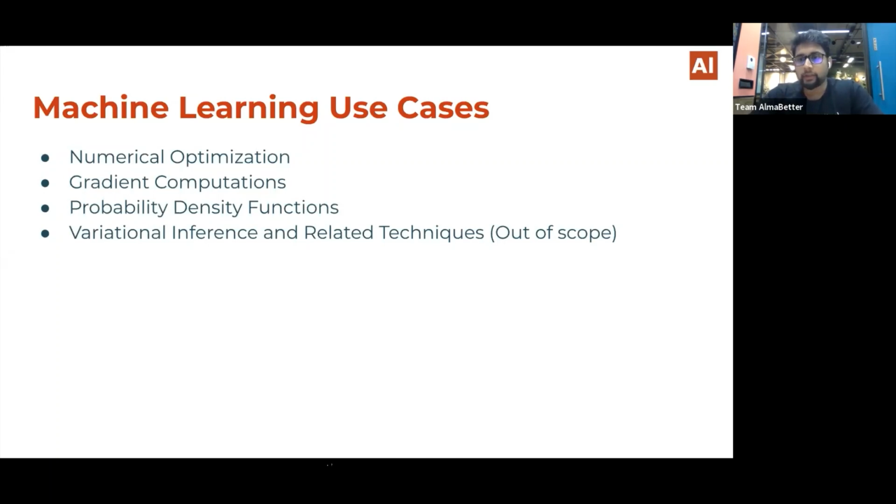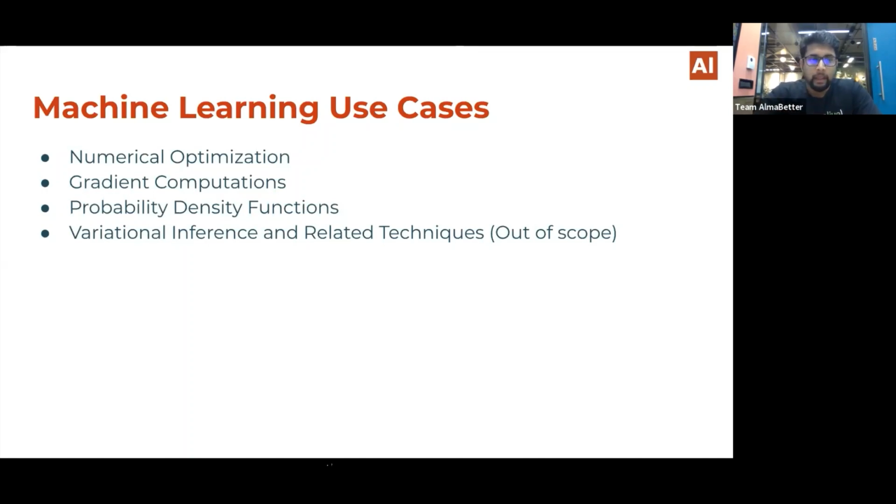Knowledge of calculus helps in understanding concepts like Newton Raphson. Of course, those concepts we probably will not touch in machine learning algorithms, but if in future you go into numerical computing and such studies, it will be helpful. Of course, for gradient computations you need calculus, and also for the probability density functions that we'll be studying in the statistics part of this module, we will be using definite integrals.